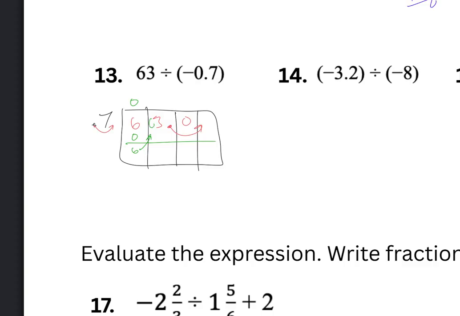The 6 goes up there. How many times is 7 going into 63? 9 times, because that is 63. 0. How many times is 7 going into 0? 0 times. And then the decimal's right here. So our answer is negative 90.